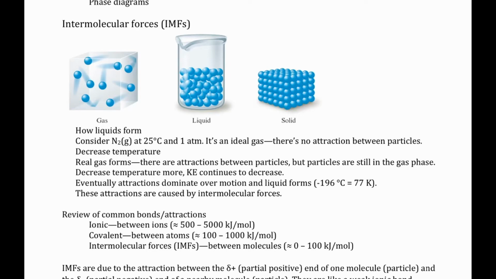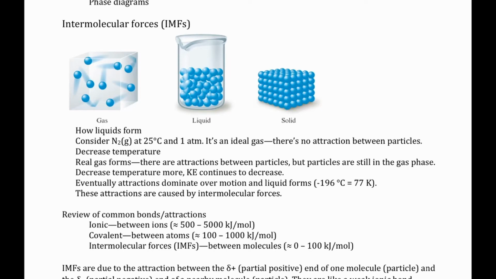For nitrogen, that occurs at negative 196 degrees Celsius or 77 Kelvin. Very cold. The attractions that cause it to go from the gas phase to the liquid phase are called intermolecular forces, the IMFs.